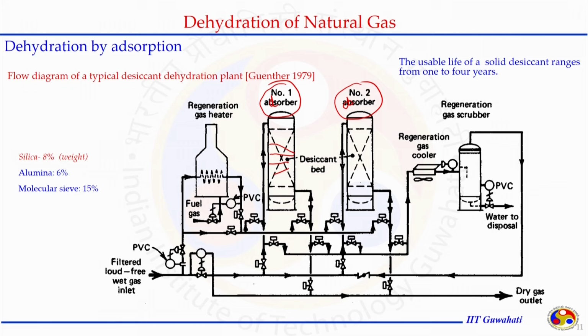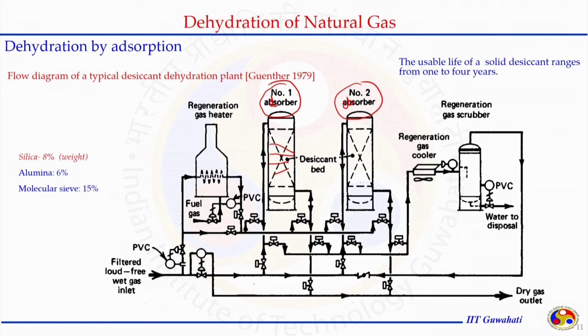There could be multiple towers, because in the adsorption process, when we remove the water from the natural gas, over time it is required to regenerate the solid packing. When we have just one tower, we have to shut down the operation to either clean the impurities that got stuck to the solid packing, or just replace the solid packing.